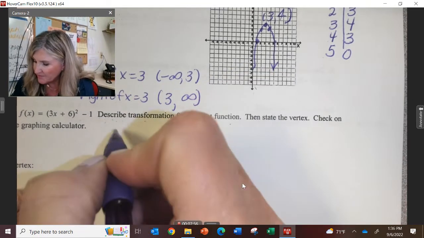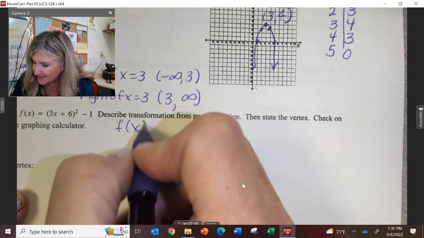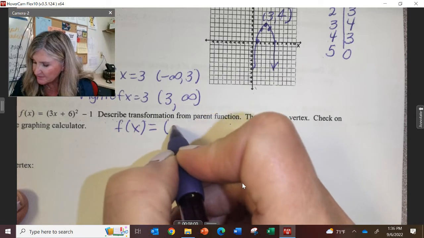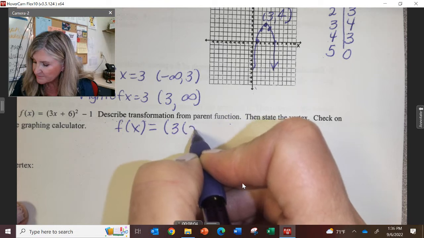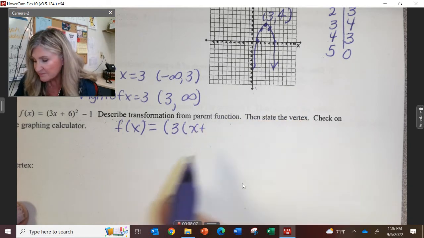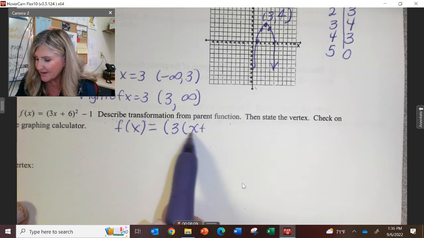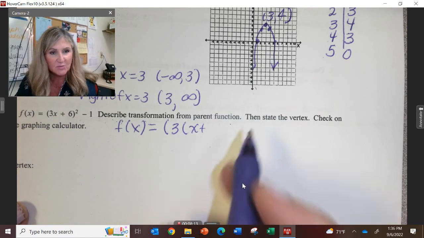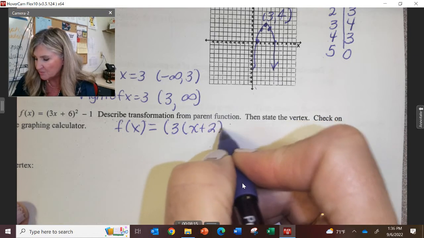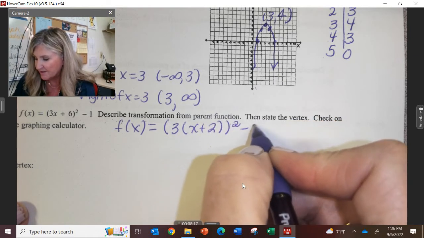All right, so Ian, what would I get then if I did factor out the 3? You would get 3 times parentheses x plus 6. So if I take the 3 out of the x, I also have to factor it out of the 6. So 3 times (x plus 2) squared, then minus 1.